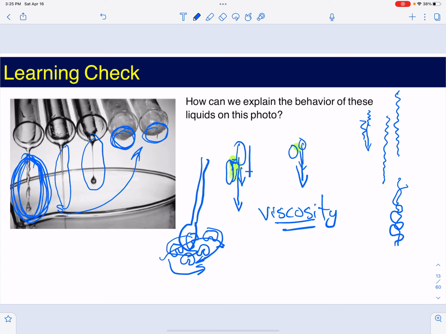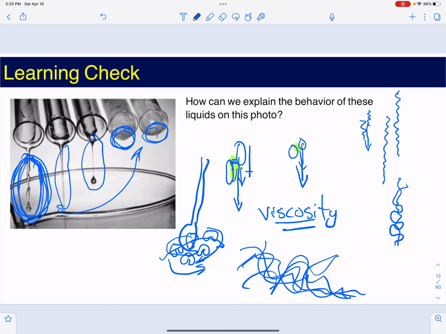But if you have a bunch of spaghetti and you try to put your spoon in there, it's going to be harder to stir the spaghetti because they're entangling each other. So you can use that analogy to explain viscosity.